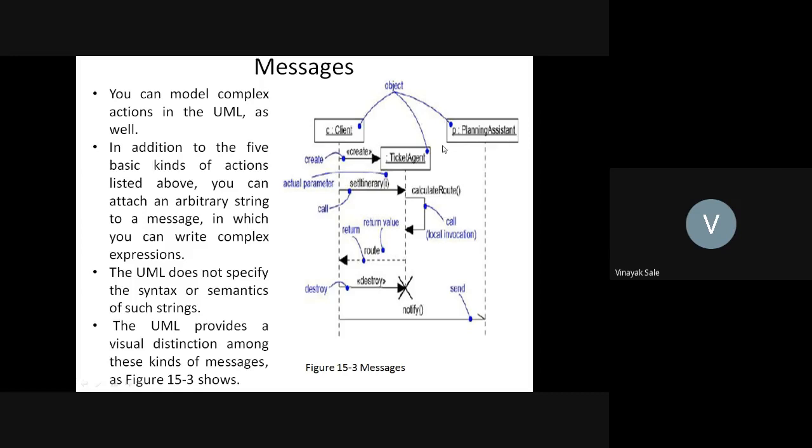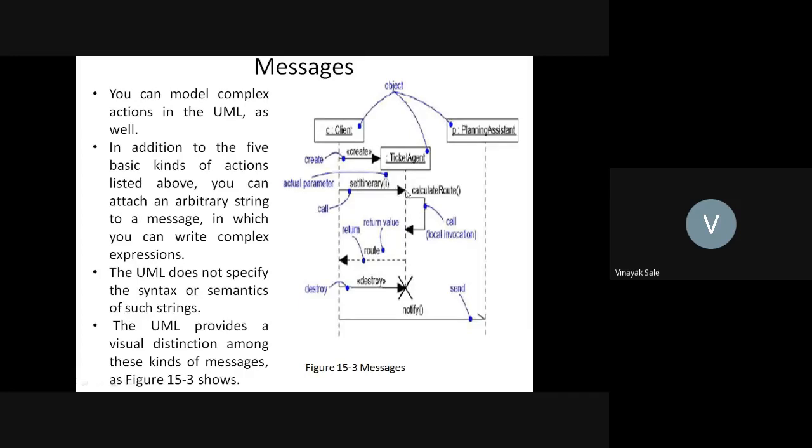So there is a communication, see in this figure, between the client, planning assistant and ticket agent. And these C, T, P are the objects. So objects communicate with each other. The client sends a message, create, to the ticket agent. Then it again sends a message with some parameter.